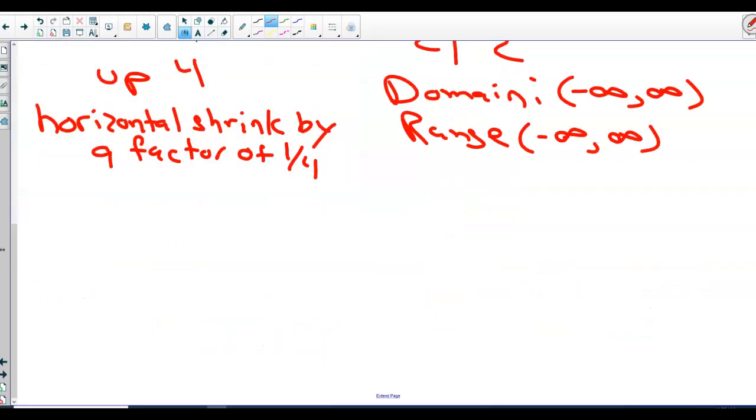So, for example, if I had a 1/2 in front of the x, that would be horizontal stretch by 2. If I had a 1/4 in front of the x, I'd be horizontal stretch by 4. I don't have that. I have a 4 in front of the x. Therefore, it's horizontal shrink. We take the reciprocal of it. And because it's a negative in front of the x, we reflect over the y-axis.